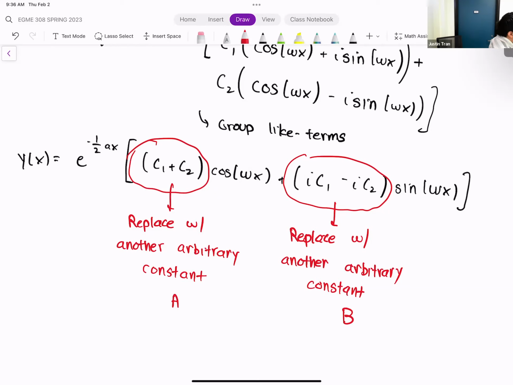And so you can see here that through the use of Euler's formula, we were able to take that imaginary number out of the exponent and lump it in together with the arbitrary constant. We used Euler's formula, and we took advantage of the fact that we have arbitrary constants to not eliminate the i, but sweep it under the rug, the thing that you don't really want to deal with.